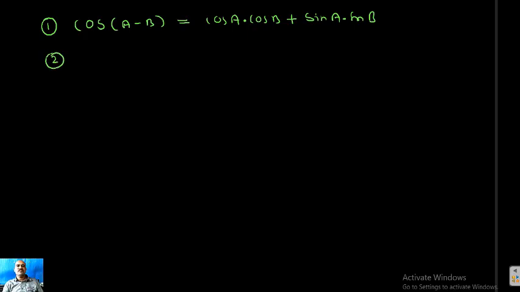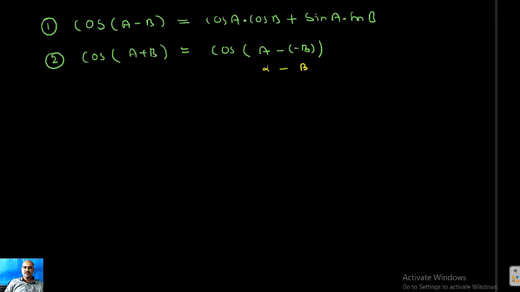Result number 2, students, cos of A plus B you want. This can be written as cos of A minus of minus B, just like cos of alpha minus beta. According to this formula, cos alpha cos beta plus sin alpha sin beta.